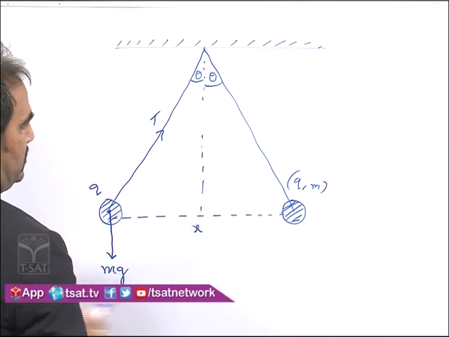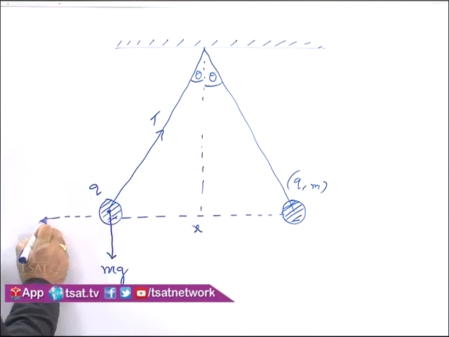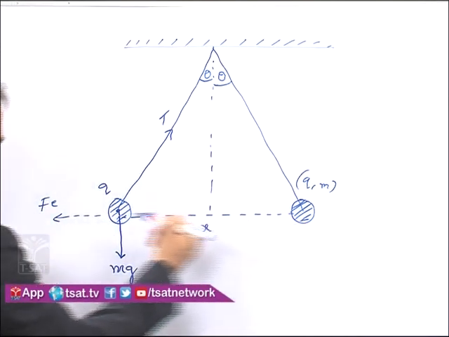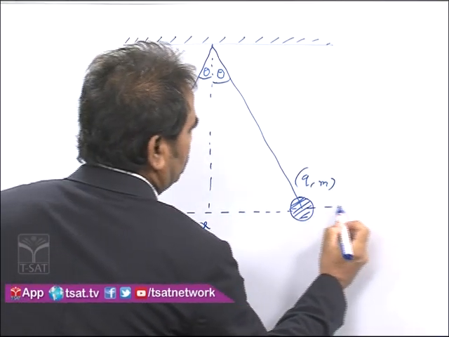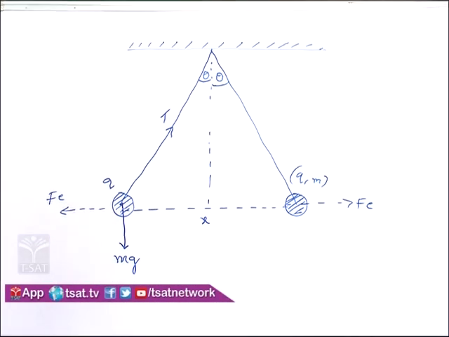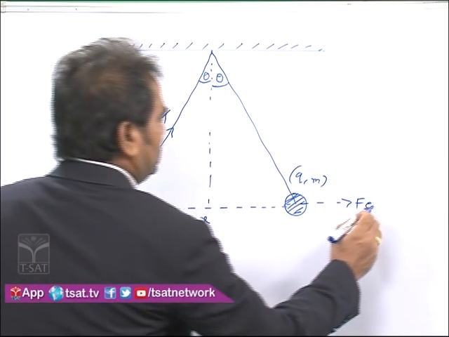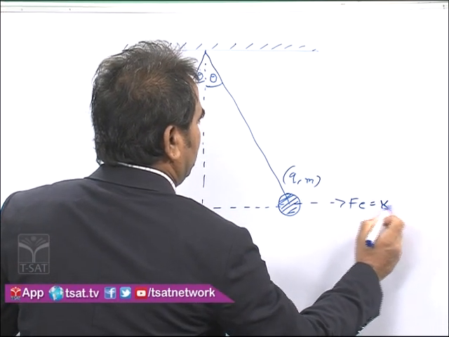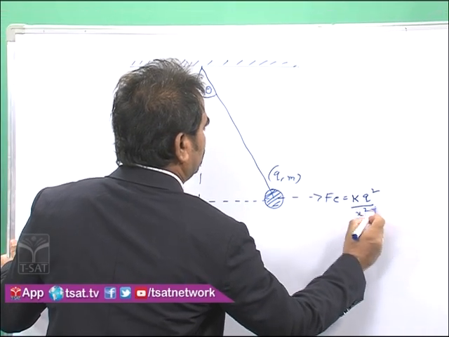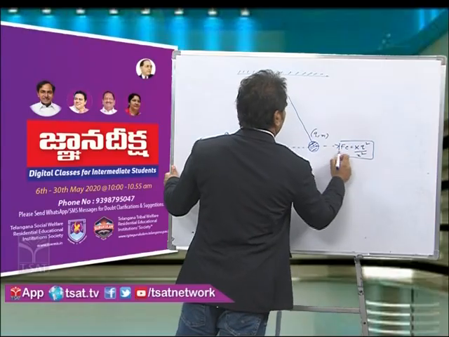Between these two balls, Coulomb repulsion force will be present, that is F of E, acting away from the other ball, where F of E is equal to K Q square upon x square. This is the Coulomb repulsion force.